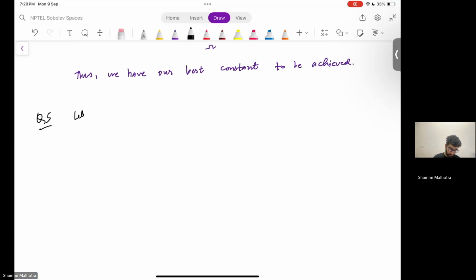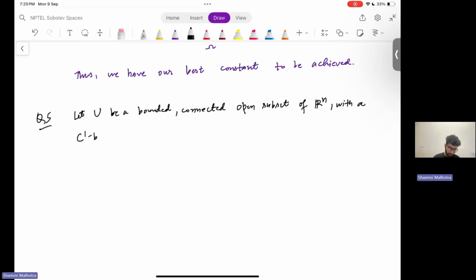Let U be a bounded, connected, open subset of Rn with a C1 boundary. Assume that p is between 1 and infinity.